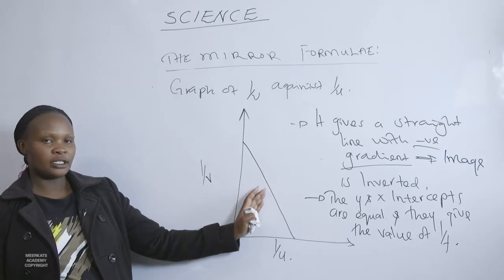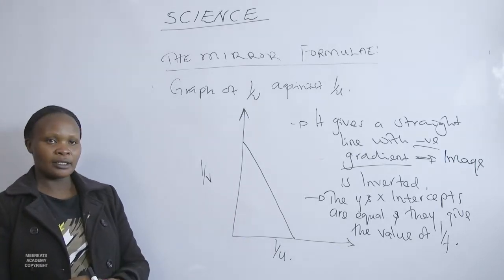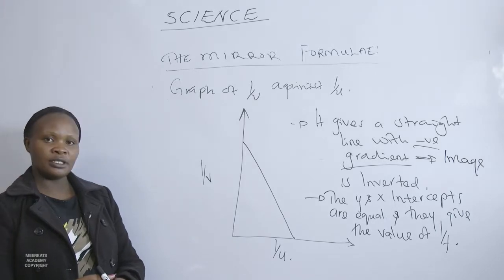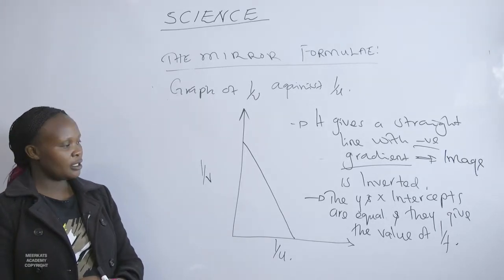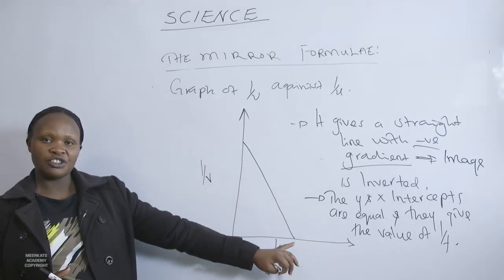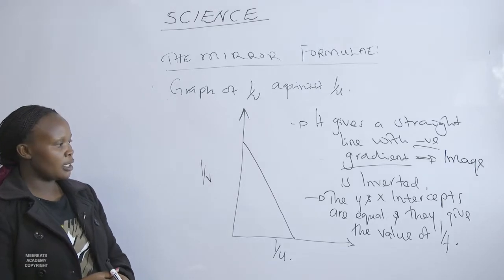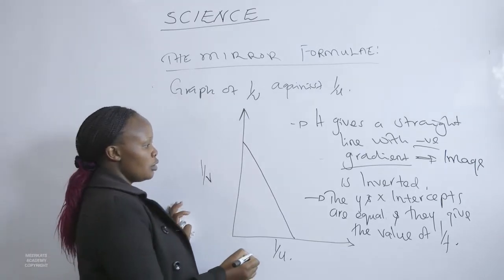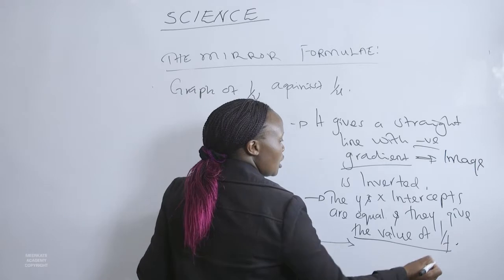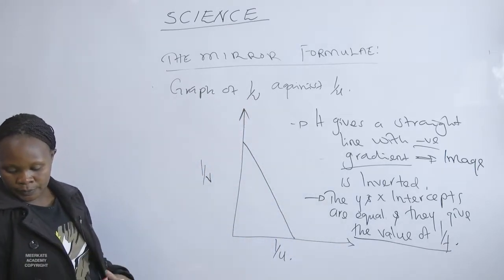So the gradient is negative, implying that our image is inverted, then we have intercepts which are equal, and that implies that the value of the intercepts is actually 1 over f.